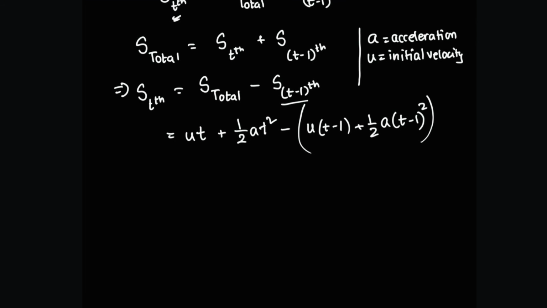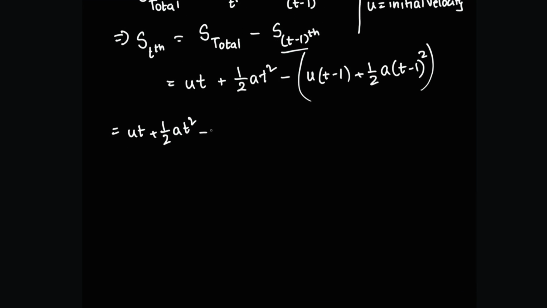All right. Now you generalize this entire expression with some simple algebra. So you get ut plus half a t squared, and inside the bracket you get ut minus u plus half times a times, here comes the algebra, the formula (a minus b) whole squared, so you get t squared minus 2t plus 1.